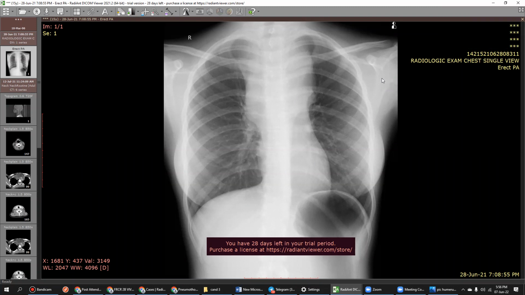Just to be on the safer side, tell that it is in the superior mediastinum, then describe. Explain the silhouette sign. It's in the superior mediastinum, and inferiorly it is continuous with the left and right borders of the heart. So that is likely in favor of an anterior mediastinal mass.